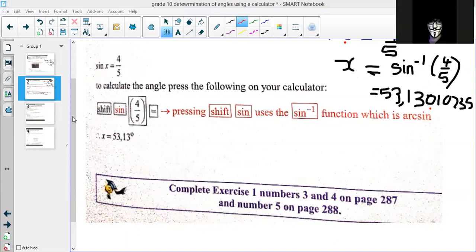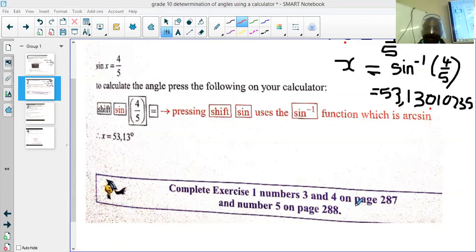Right, now it was exercise 1, number 3 and 4 on page 287, and number 5 on page 288. You have number 5. Right, I will address that.